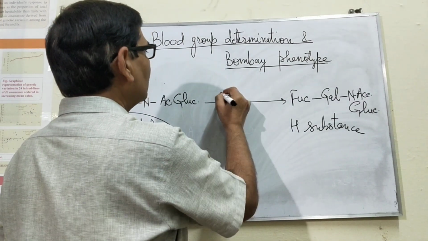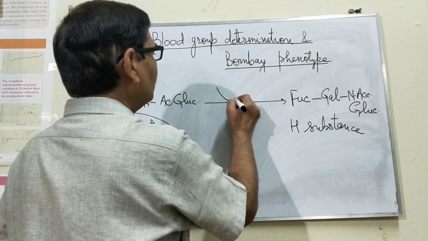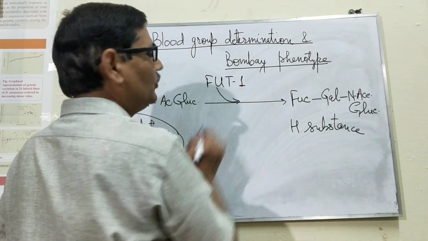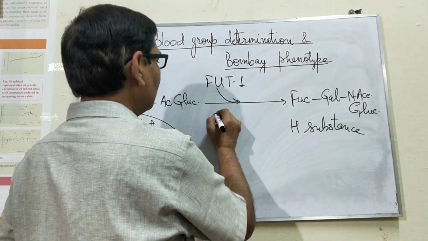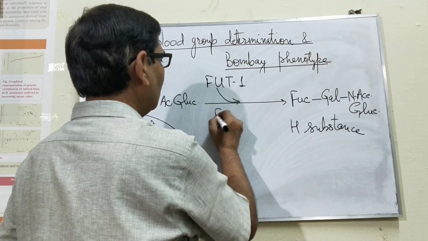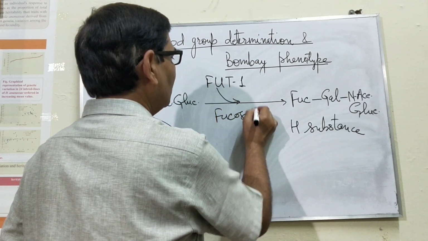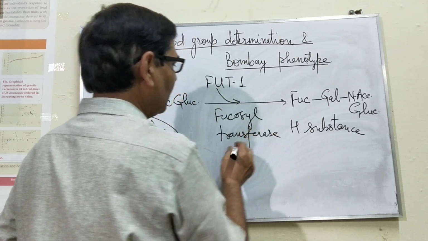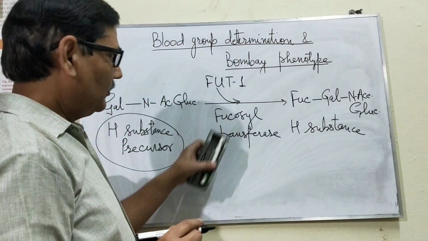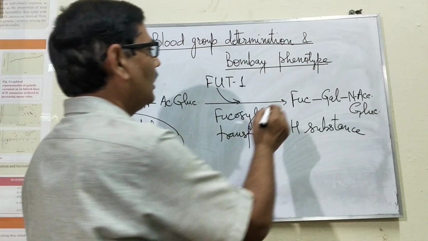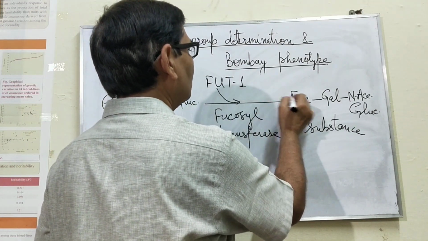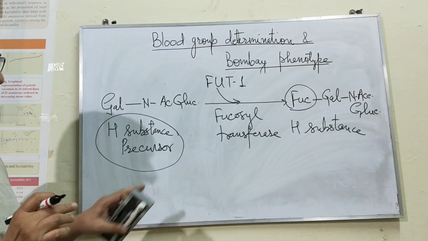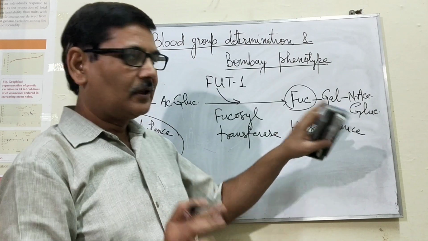Now for this addition there is a gene, and that gene is actually FUT1. FUT1 is a gene that synthesizes a protein, now known as fucosyl transferase. Fucosyl transferase is an enzyme which helps the transfer of fucose to the precursor substance. As a result of this, the H substance is formed.